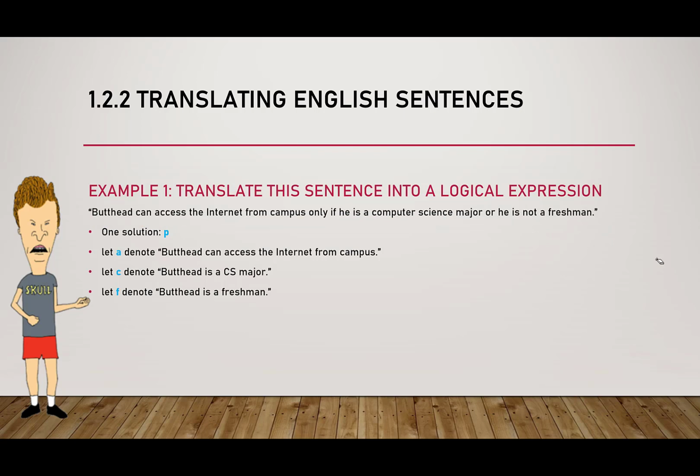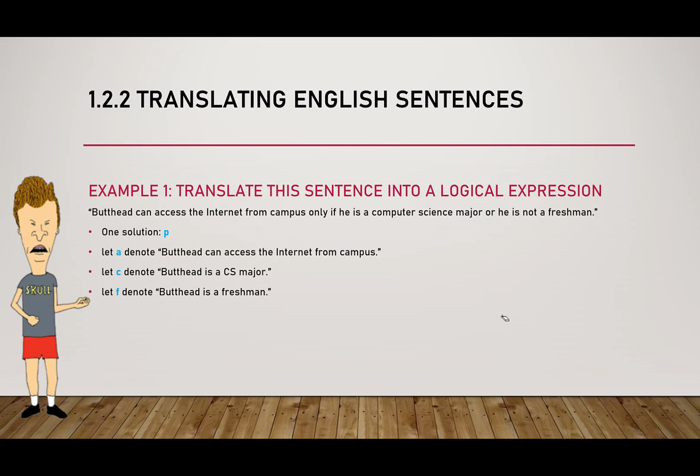As we've covered before, we typically use variables like P, Q, R, S, and so forth to represent propositions, but it doesn't have to be those things. We're using A, C, and F here. And so we're going to say F is that he is a freshman. Now, if I want to represent he is not a freshman, of course, we can say not F. And so we'll need to do that in our equation.